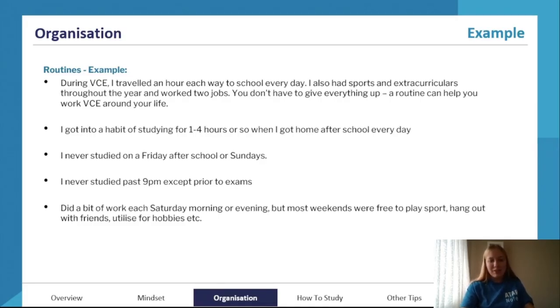And that will keep you stress free. So looking at an example like this shows you that a good, organized study routine is difficult to form, but then it becomes easy to stick to when you make a consistent routine out of it.